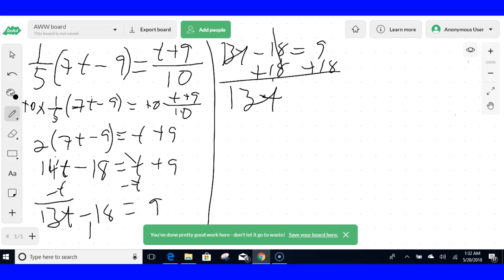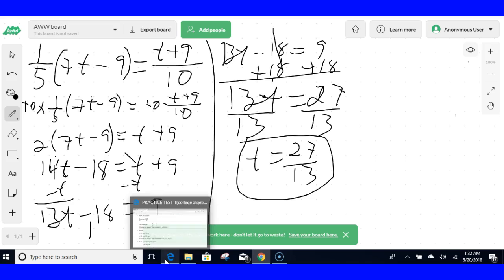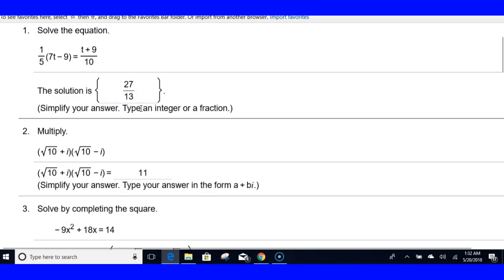That leaves us with 13t is equal to 9 plus 18, that's 27, and divide both sides by 13, and you get t equal to 27/13. And that's how you get to this answer here, 27/13.